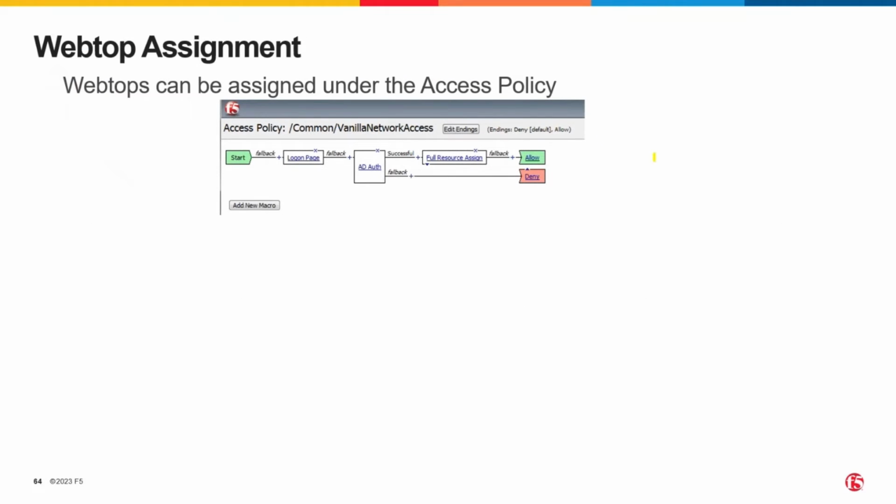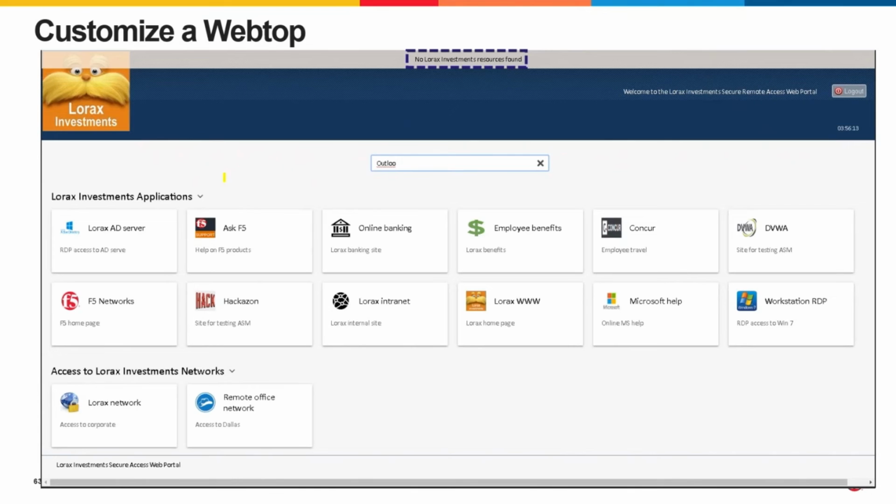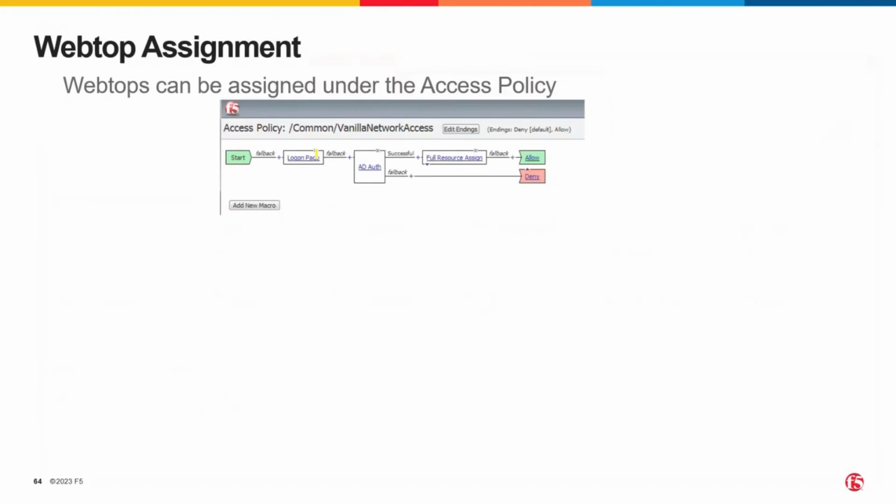Yeah, some customization. And to be able to show that to the user, you can't do this through pool assignment through virtual server. So in this case, these resources will be assigned through advanced resource assign agent in your policy, okay? So you need to add something to your policy here.